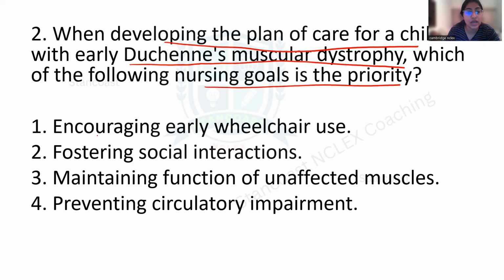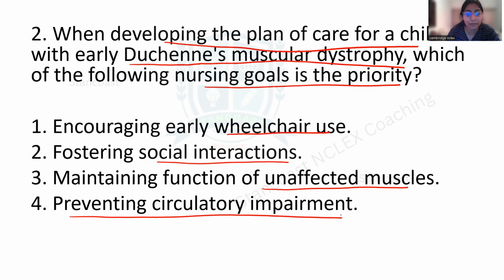Option 1 is to encourage early wheelchair use. Option 2 is to foster social interactions. Option 3 is maintaining function of unaffected muscles. Option 4, preventing circulatory impairment. So what should be the priority of the nurse in this condition?